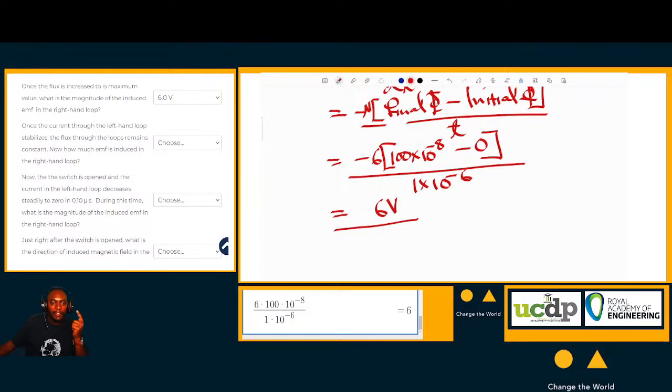Now, how much EMF is induced in the right loop? So listen to that carefully. Once the current in the left-hand loop stabilizes, the flux through the loops remains a constant. Now, how much EMF is induced in the right-hand loop? That's for you.